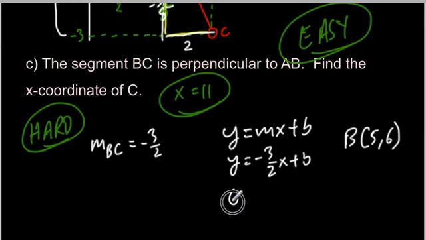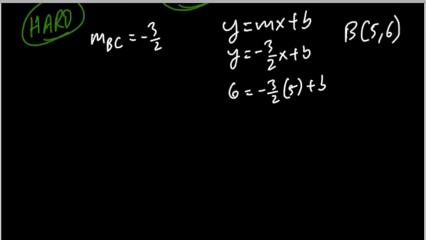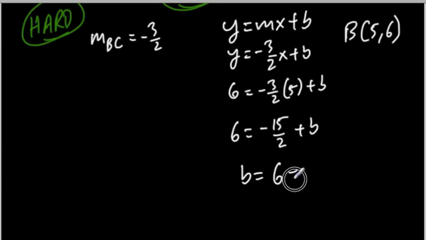So 6 is equal to negative 3 over 2 times 5 plus b. So 6 is equal to negative 15 over 2 plus b. So b is equal to 6 plus 15 over 2. 15 over 2 is 7.5, and 7.5 plus 6 is 13.5.